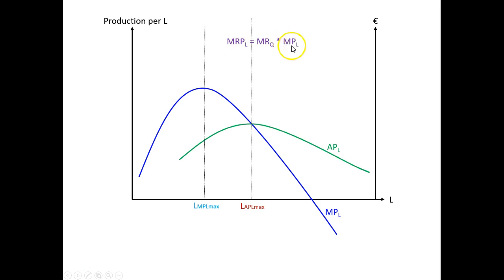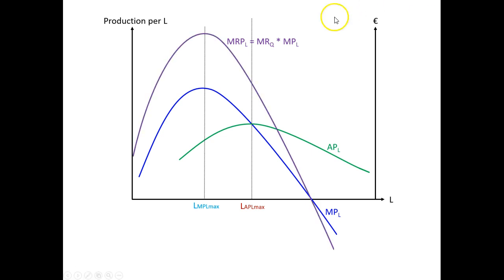We've got the marginal product, that is the production for the last employed unit of labor. That production is sold on the market, the Q market, and brings a certain marginal revenue. So therefore, the value of the last labor unit is the production it makes times the marginal revenue that production brings.